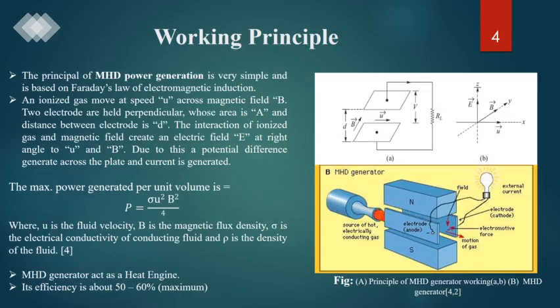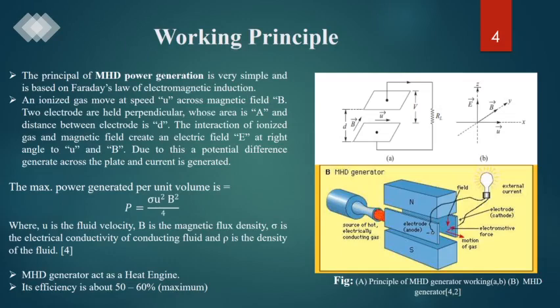That electric field creates a potential difference, as charges move from positive to negative, and this potential is responsible for the flow of electrons. This arrow shows the flow of electrons. This principle works on the basis of Faraday's law.